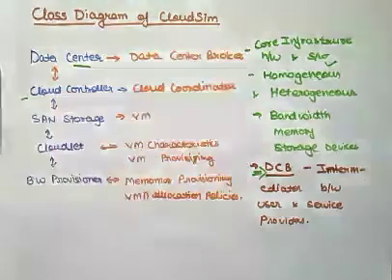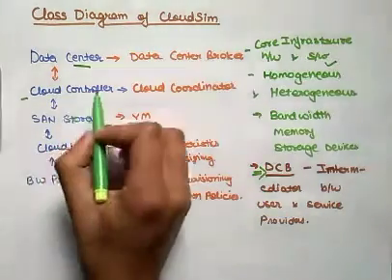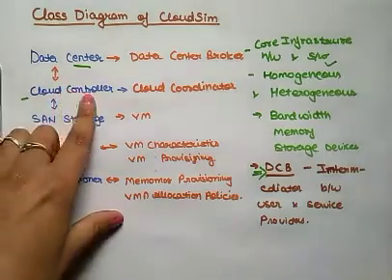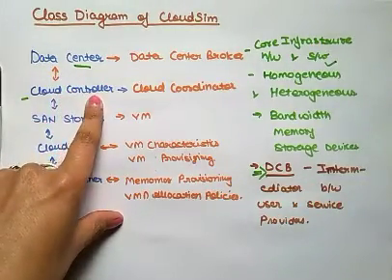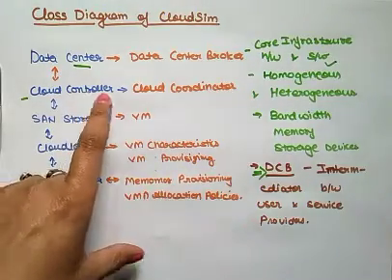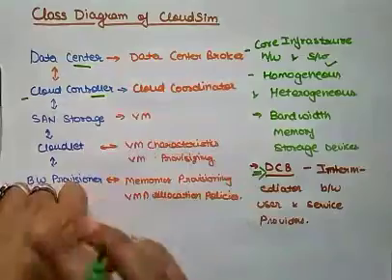The second class we have is cloud controller. As its name implies, this class is used to control all the services provided by cloud service providers. It is also used to control the security threats and everything provided by cloud service providers, and it is also used to control end user services.